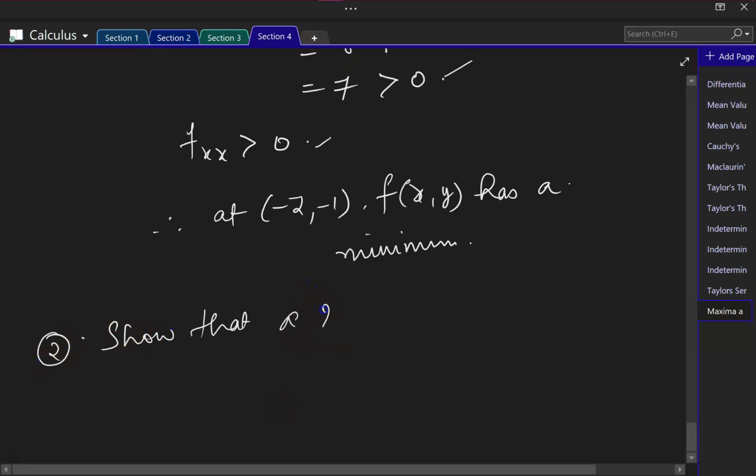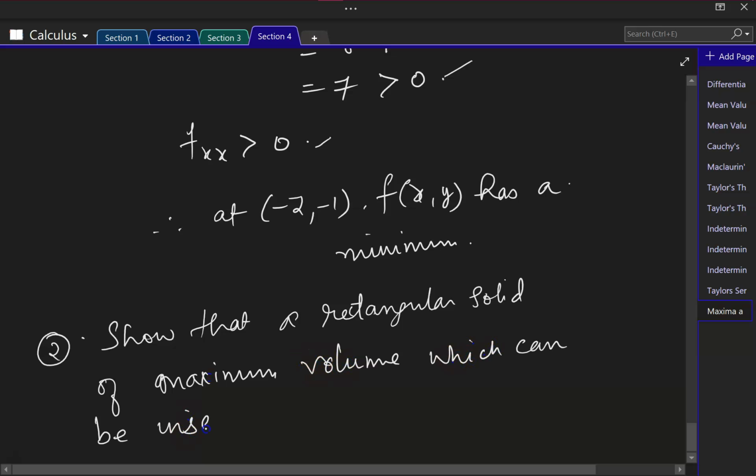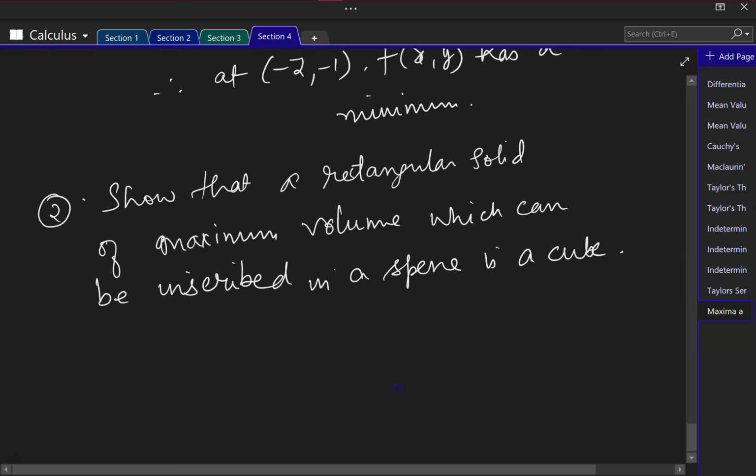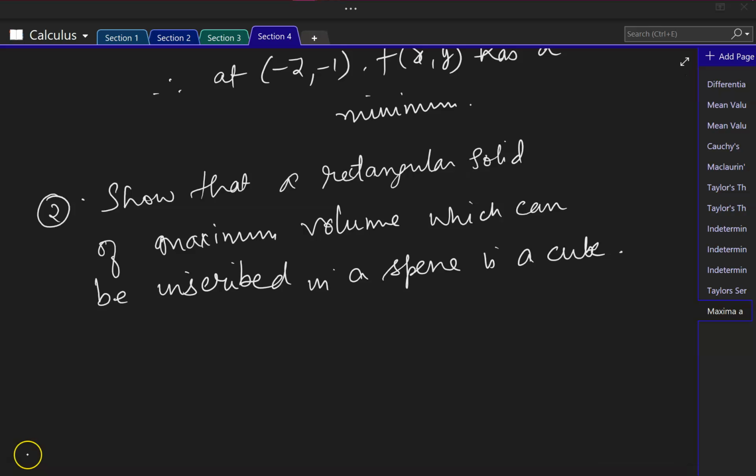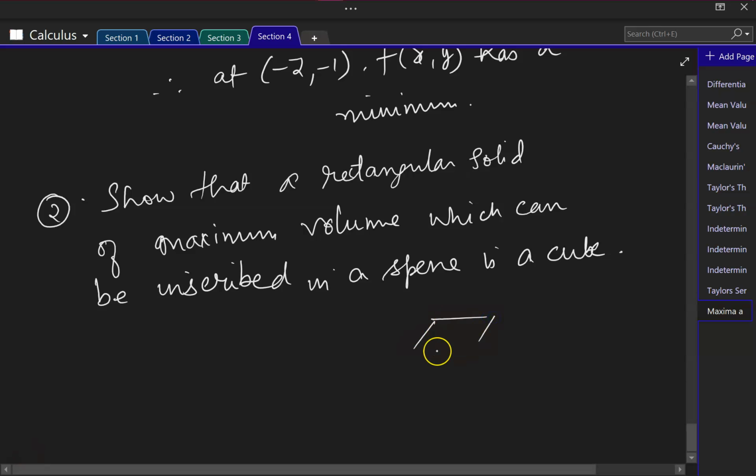Show that a rectangular solid of maximum volume, which can be inscribed in a sphere of radius a, is a cube. That means we have a rectangular solid, and within that, we are creating a sphere.